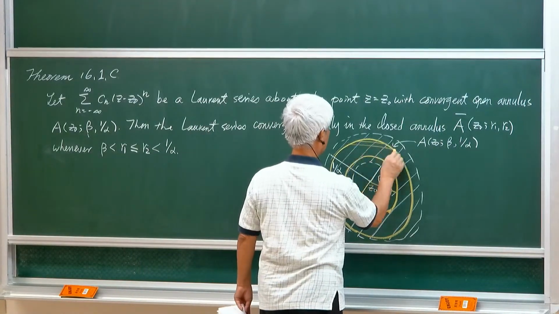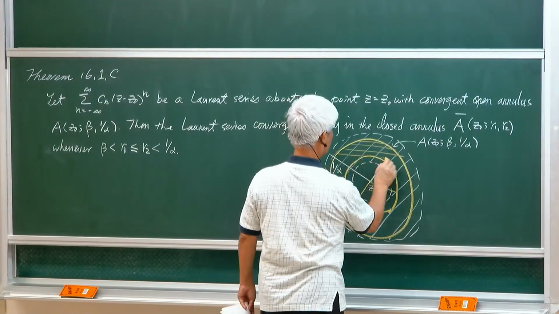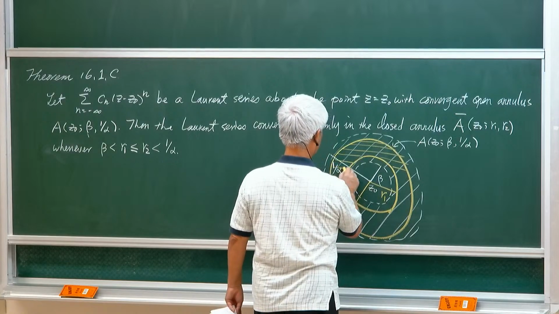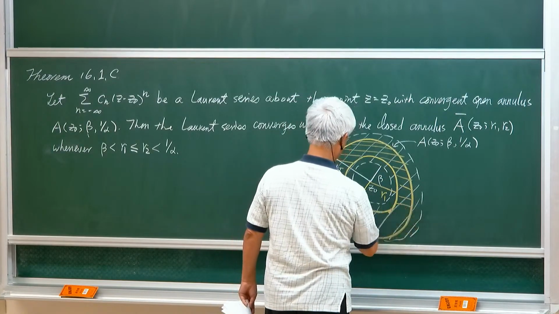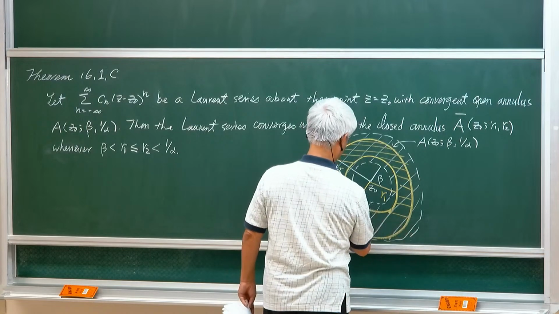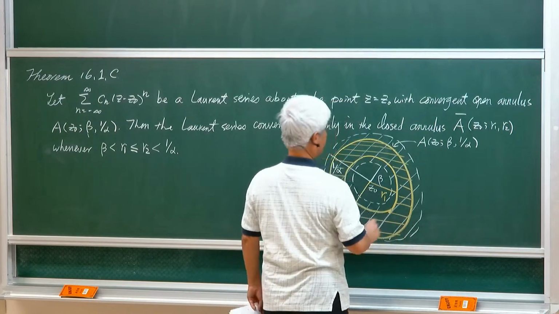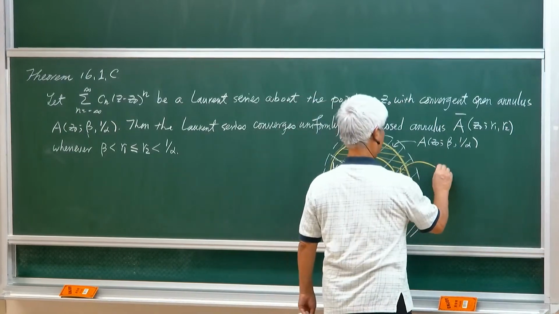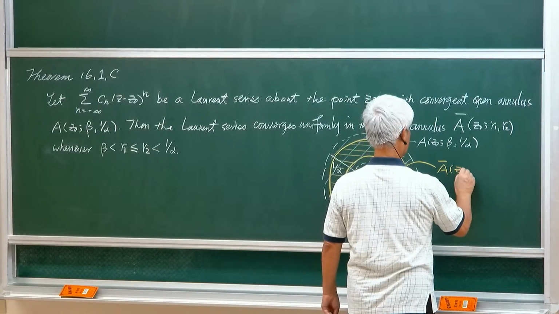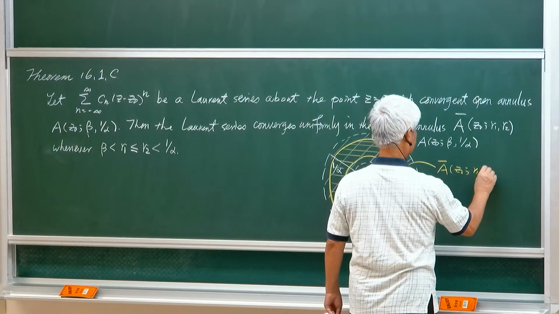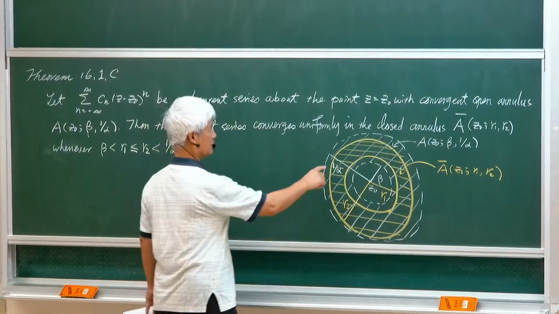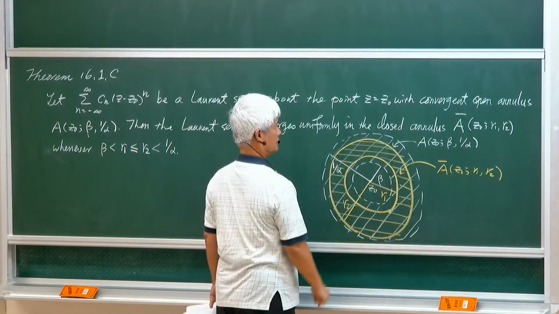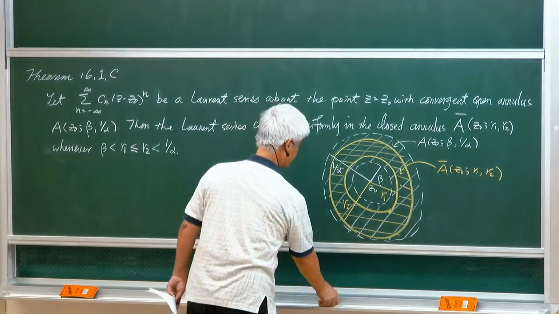Okay, and so in the closed annulus here, that is the closed annulus, including the two boundary circles here.